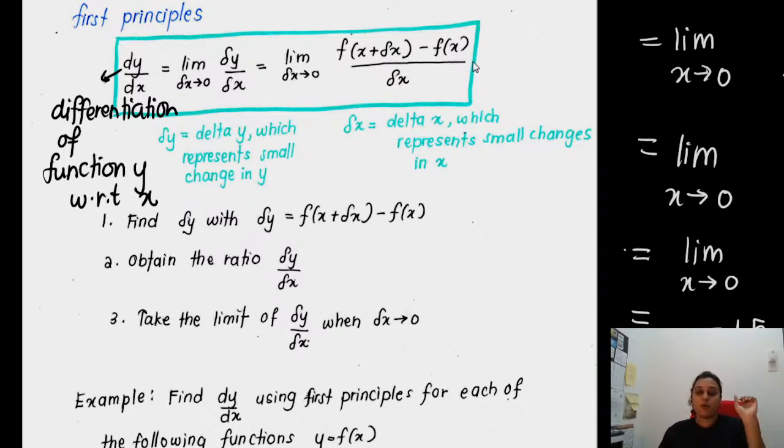So how are we going to use the first principle to solve? First step, we are going to work backwards. This is the formula. If you see the formula in your textbook, it's exactly the same, but we are going to solve the behind part first, then we solve this, and only at the end we will find dy dx.